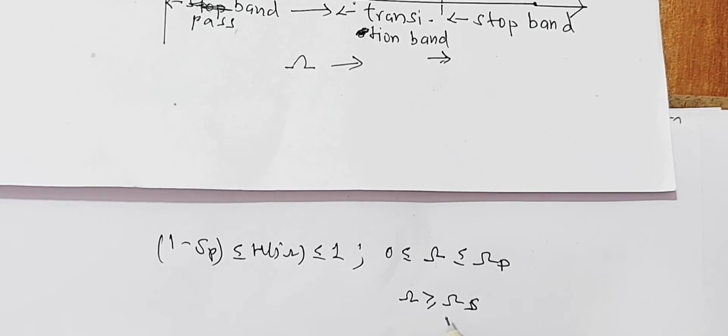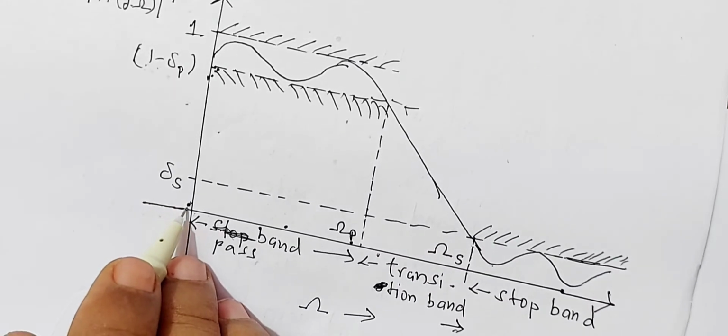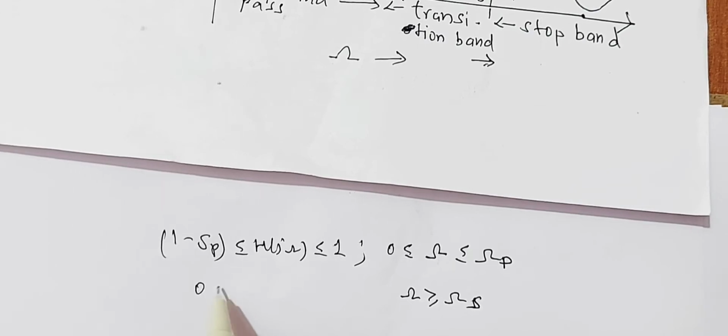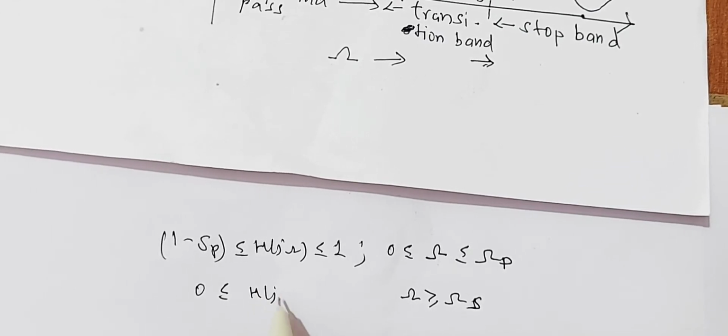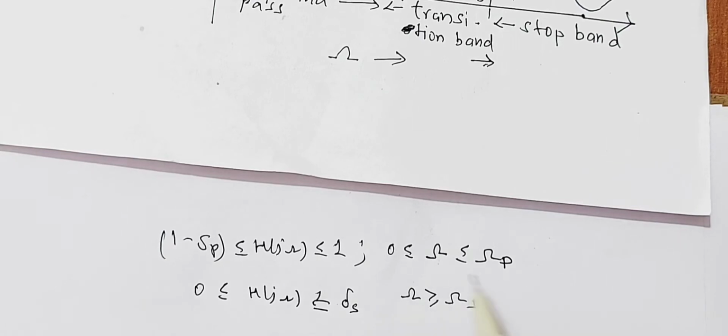No output voltage. But however, there is a small output voltage delta S. Therefore, 0 less than or equal to h of j omega less than or equal to delta S.